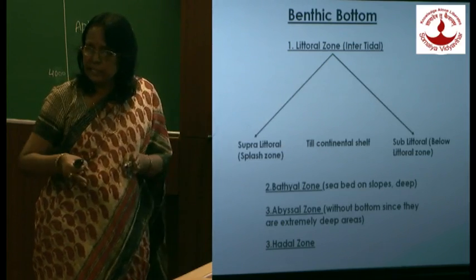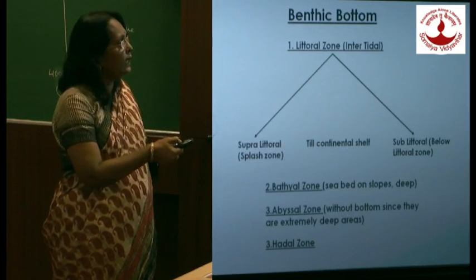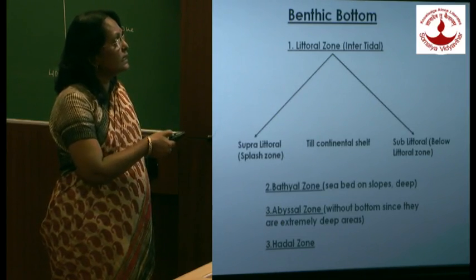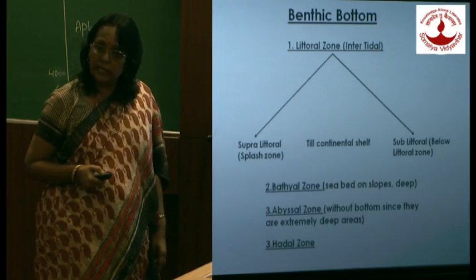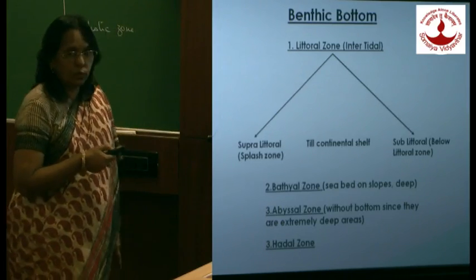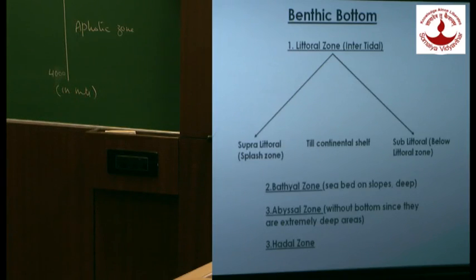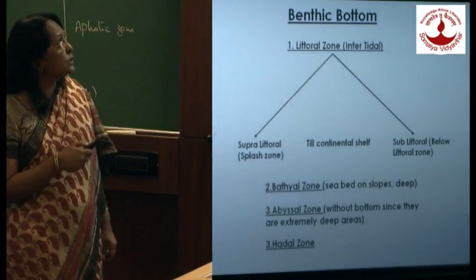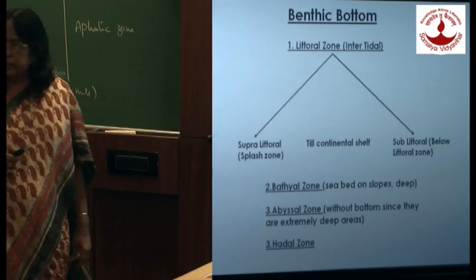Once the tide recedes, that area we call sublittoral, below the littoral zone, and all this is in the continental shelf area. So you have understood what the littoral zone is, the intertidal.